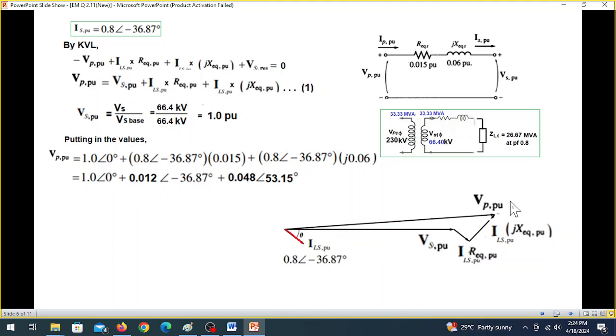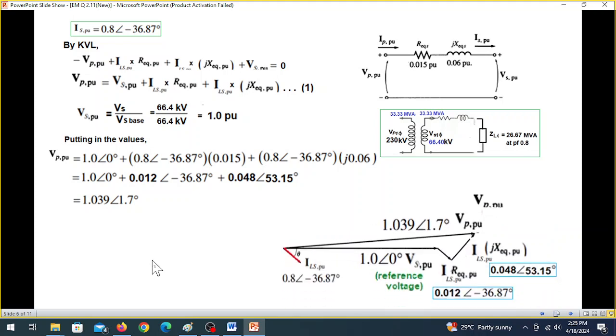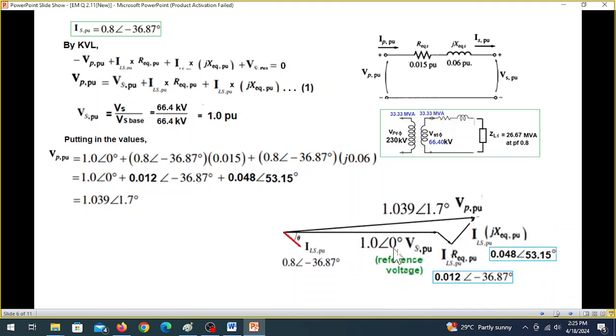This is representing this voltage, and 1 is of course the VSPU. Solving this, we find VPPU. This one here is 1.039 angle 1.07. And so we can now write the values. Vs is 1.0. This one is, as I mentioned, 0.12. This one is 0.48. And VPU is 1.039. So this is our phasor diagram, part 1 of the question done.